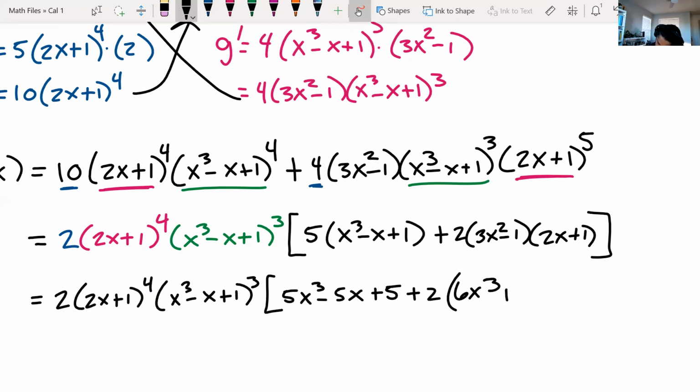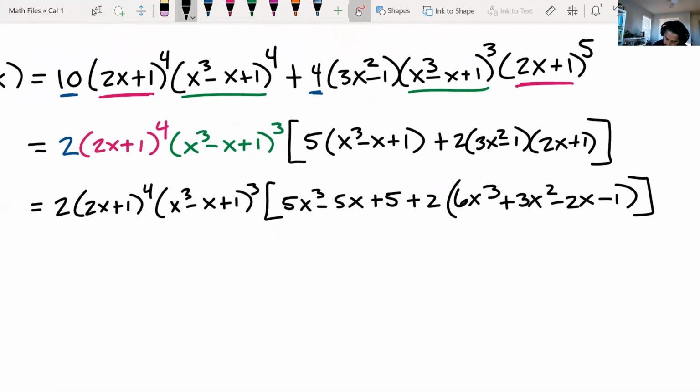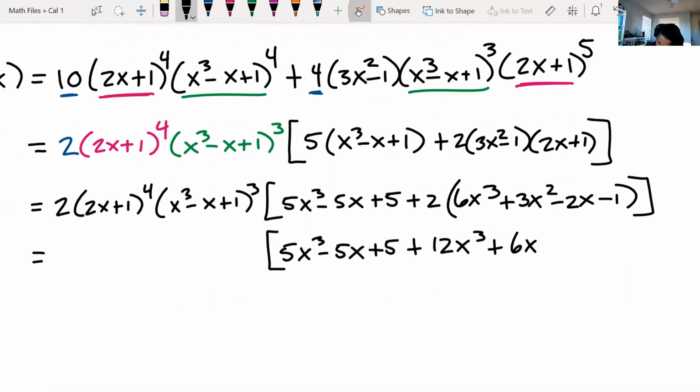X cubed plus 3x squared minus 2x minus 1. Then let's just focus on that. 5x cubed minus 5x plus 5 plus 12x cubed plus 6x squared minus 6x.